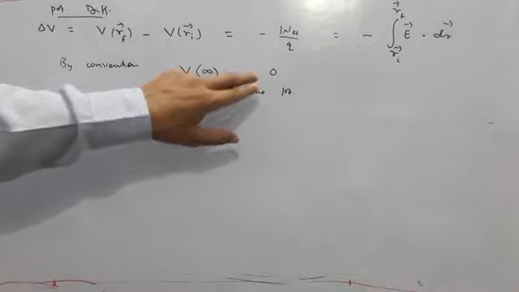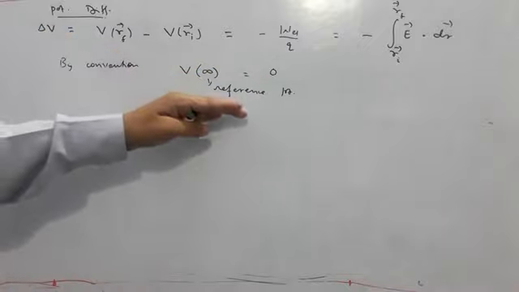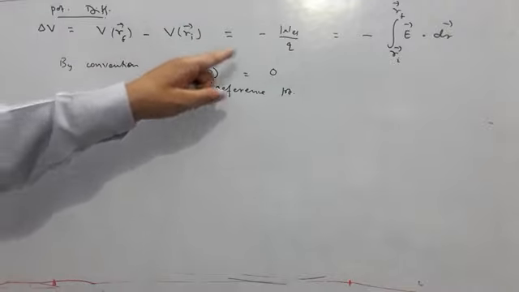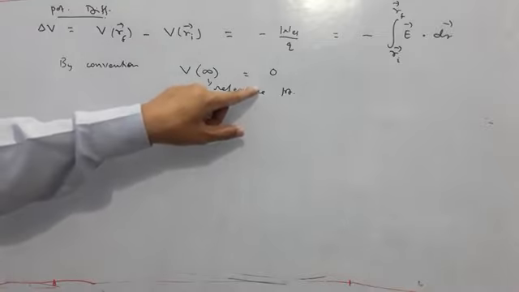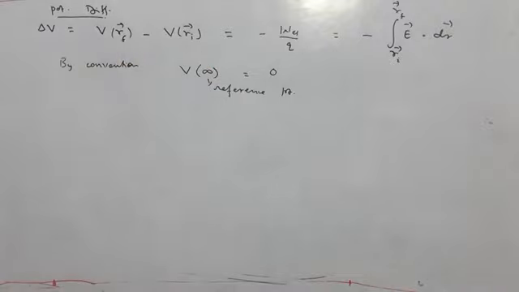In fact, we should correctly say that the reference point has been chosen at a very far point from the charge configuration, and that we choose to have 0 potential. It is just a matter of choice. If somebody wishes, they can choose this reference point to have 0 potential at some finite distance also. It is just a matter of choice, just as we choose the origin ourselves in geometrical problems.